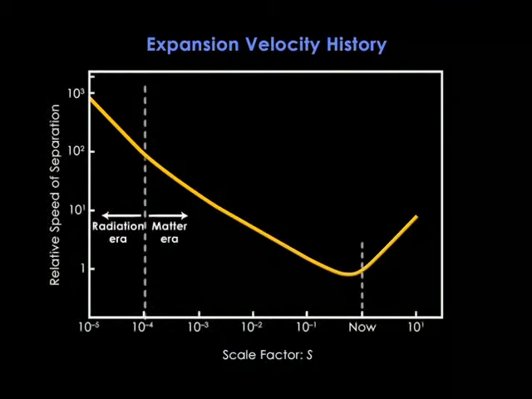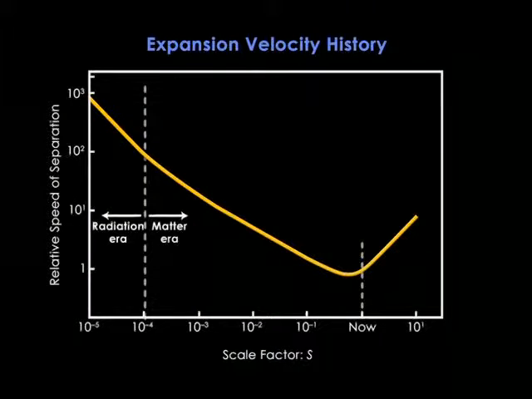This graph shows, up the y-axis, the speed at which any two parts in the universe separate from each other relative to their separation speed today. As the universe expands, we move to the right from the left, and as usual, both axes are exponential. So you can see that the expansion speed was much faster in the past. And for most of cosmic history, the expansion speed has been slowing down.